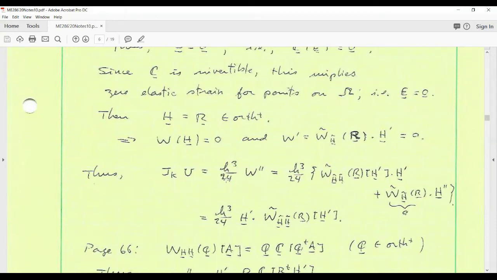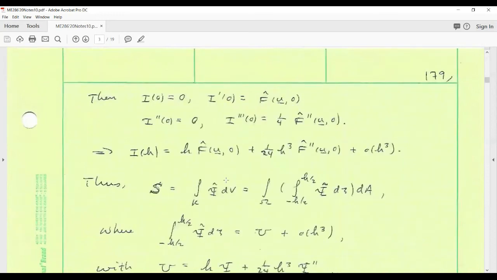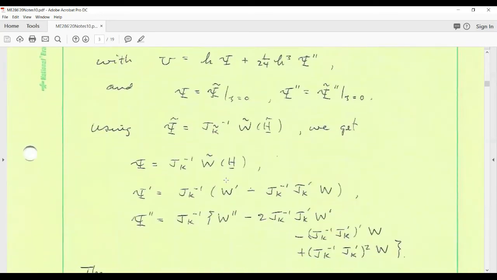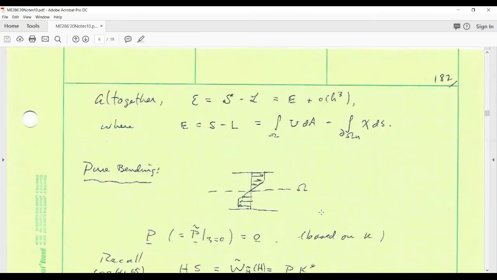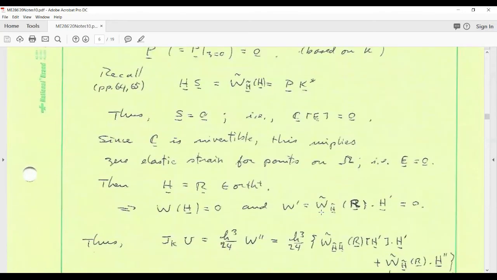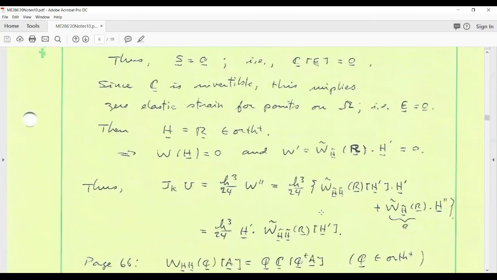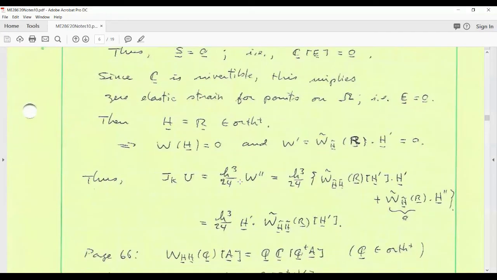If you look back, here, W is 0 on the midplane, W prime is 0, we just get this last term here. Okay, so that's a drastic simplification, and all those complicated K prime terms, JK and JK prime, are irrelevant now in the case of pure bending.